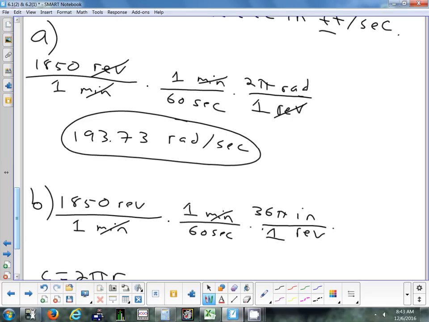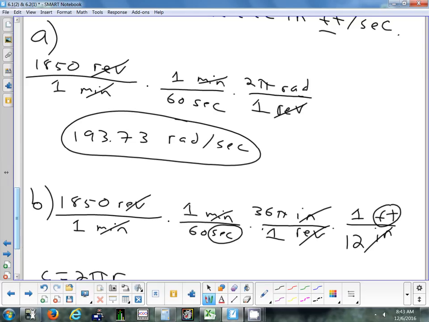And now the last step, they said they wanted feet, not inches. So how many inches in a foot? How many? 12, yeah. Okay, so now inches is gone. And I'm left with, oh, revolutions is also gone. Feet per second.